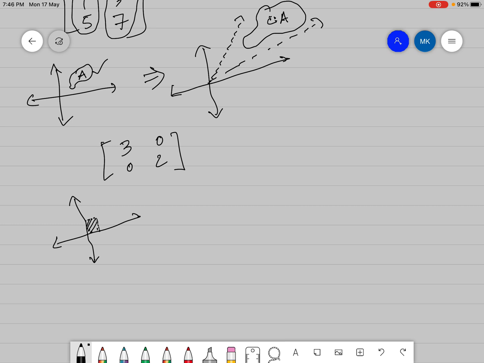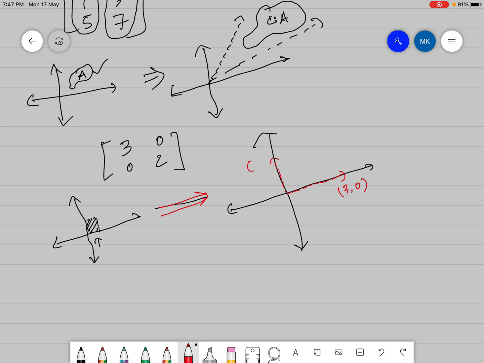This was the area, which is 1 square unit, but after the transformation, the transformed I cap lands here, this is 3 0, and transformed J cap lands here, 2 0, oh sorry, 0 2.